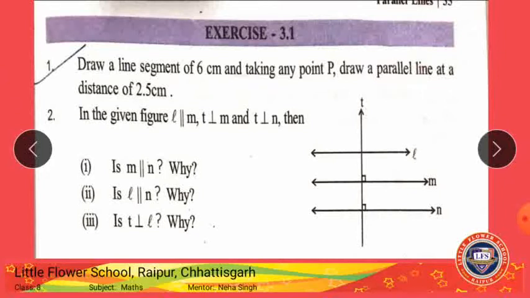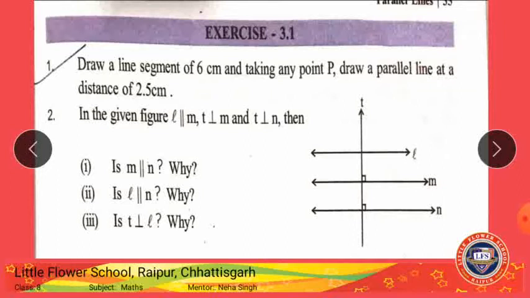See now, draw a line segment of 6 cm taking a point P. Draw a line parallel to it at a distance of 2.5 cm. Can you say that these type of questions you have done, right? In practice 1 and practice 2, the first question and second question, you have done. This was of the same type. You were drawing a line, then drawing a perpendicular bisector of it.